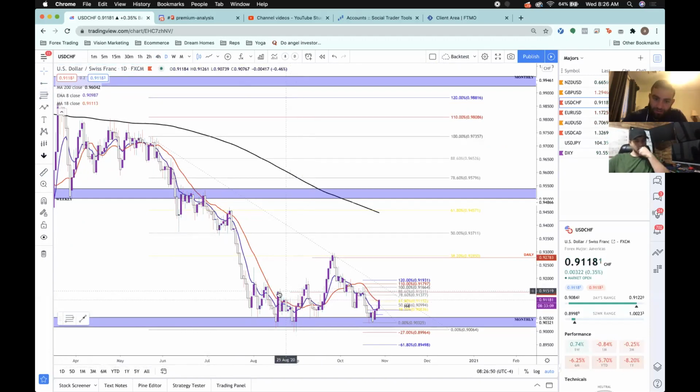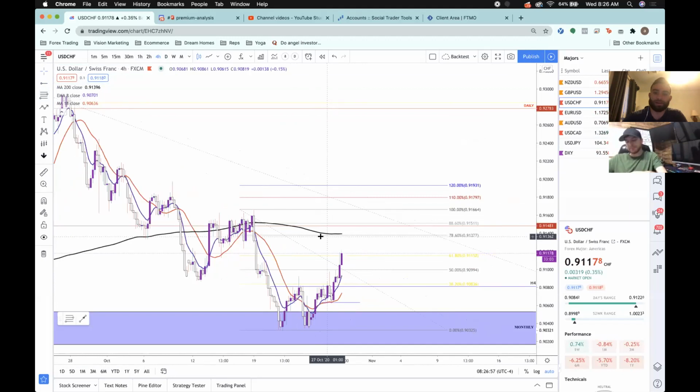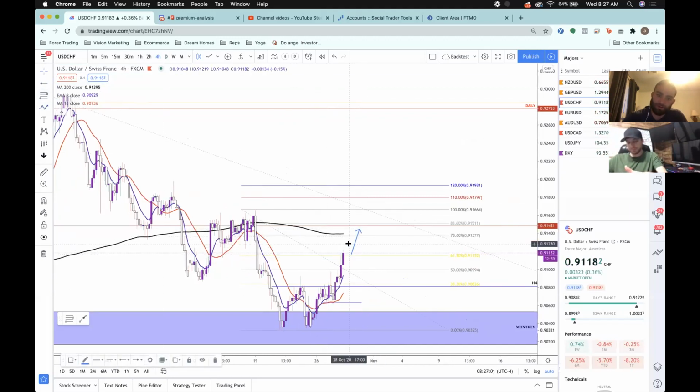So based on resistance, support, and resistance right there, we have a nice level. Ultimately, guys, we're looking for price to come up into this level right here before really anything happens. So once it comes up into this level, it could either find some rejection there, and we'll look for shorts, or this thing could continue higher.